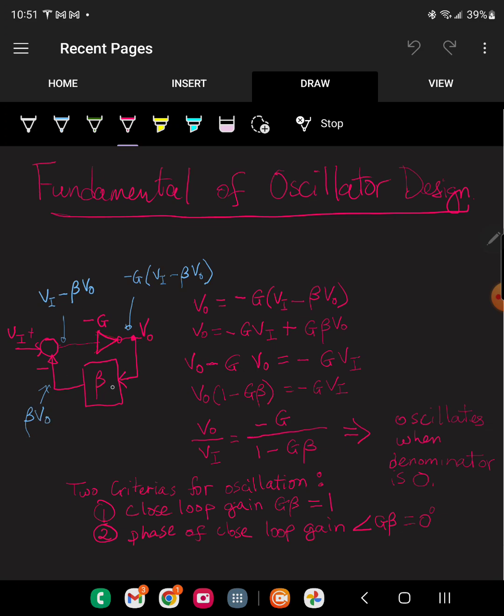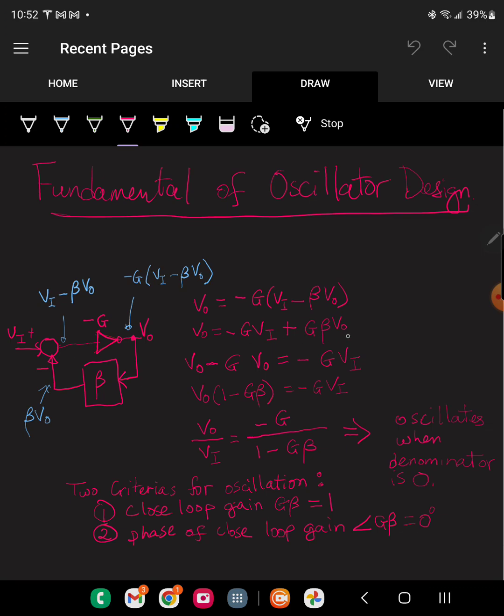So V out is fed through beta, so at this point it is beta times V out. And then at the output, it gets amplified by negative G. So it's negative G times Vi minus beta times V out. To derive the transfer function, we know V out is equal to negative G times Vi minus beta times V out.